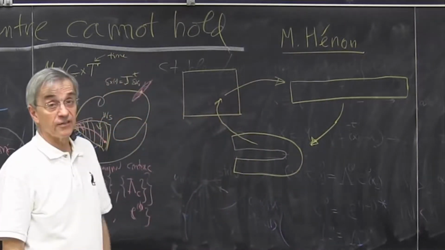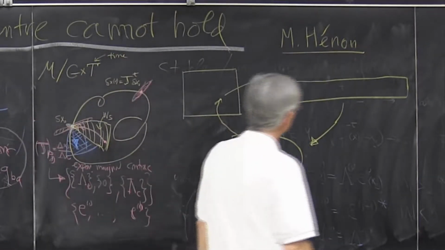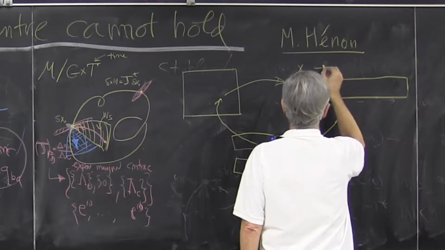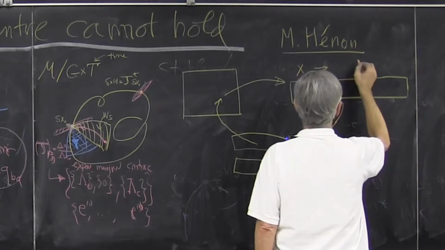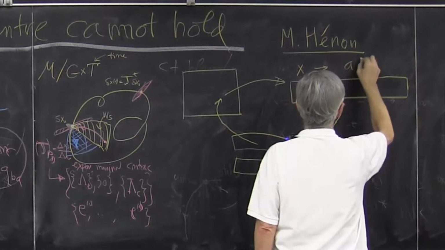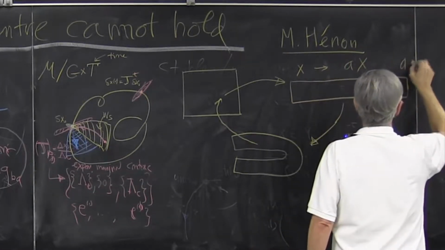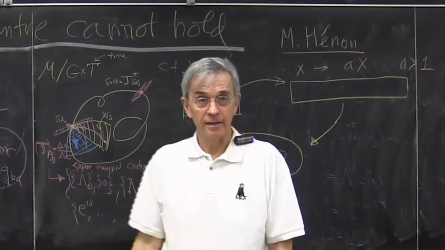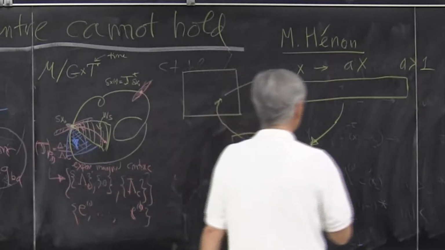Now, what is it that stretches? Stretching means that I take some distance, some length, and I multiply it by some number, a x. And if a is larger in magnitude than 1, then I'm stretching. And what is folding?